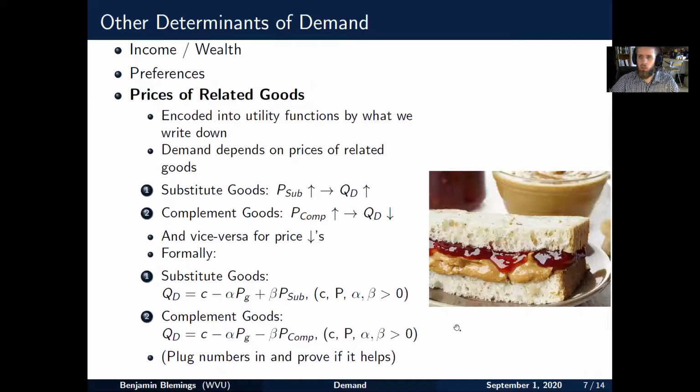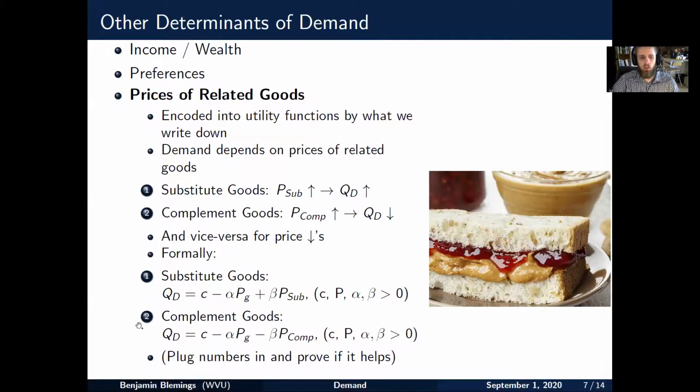And then the opposite of that would be a complementary good. And the example I'm giving you here is peanut butter and jelly. So people like peanut butter, but they like consuming it more with jelly. And so we could say that if the price of jelly goes up, then the quantity demanded of peanut butter goes down because you like consuming those goods together.